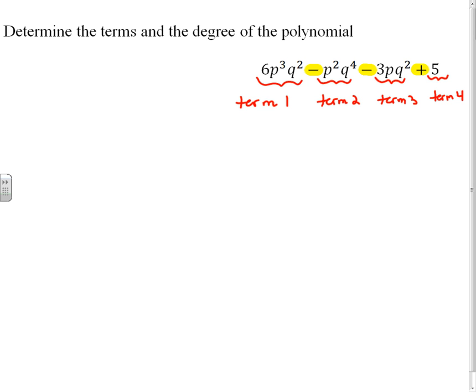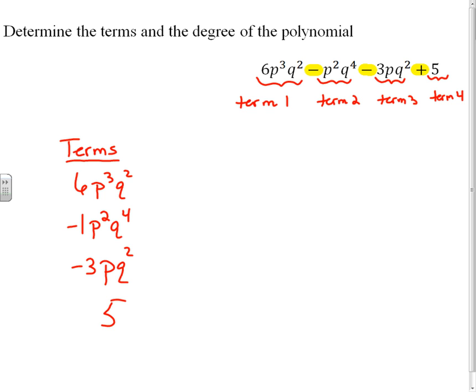Okay, so the terms then are 6p cubed q squared, negative 1p squared q to the 4th. Now you could actually just write negative p squared q to the 4th. Negative 3p q squared, and positive 5. Okay, so those are your 4 terms here.